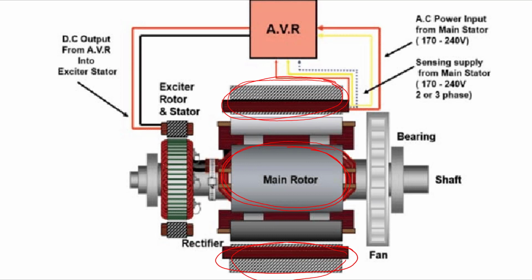Externally, the generator also produces its own AC power, or else we can have an AC source from others, right? So that AC source needs to be rectified before feeding it to the rotor circuit. With an external rectifier circuit, we rectify it, and the DC quantity will be fed to the rotor circuit, right?